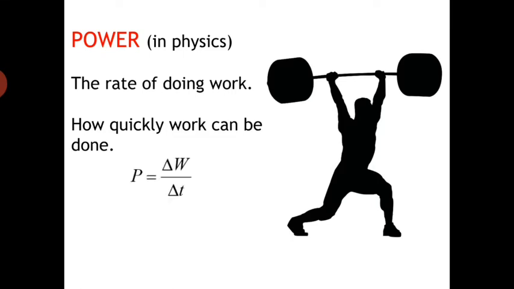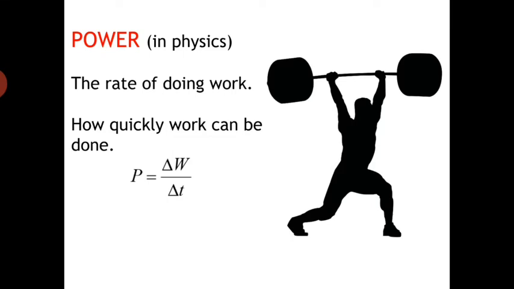Using this formula, P is equal to W over T, wherein P means power, W means work, and T means time. As you notice, there is a triangle symbol in the formula that is actually called delta, meaning change.